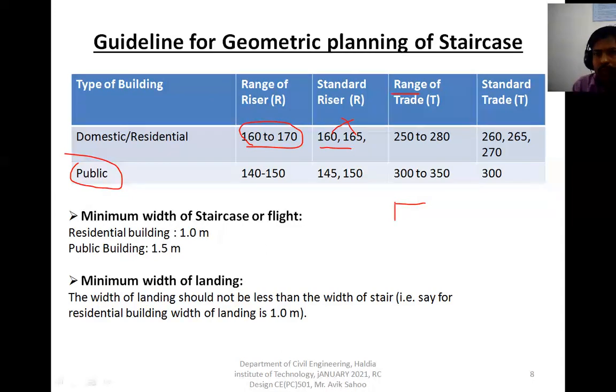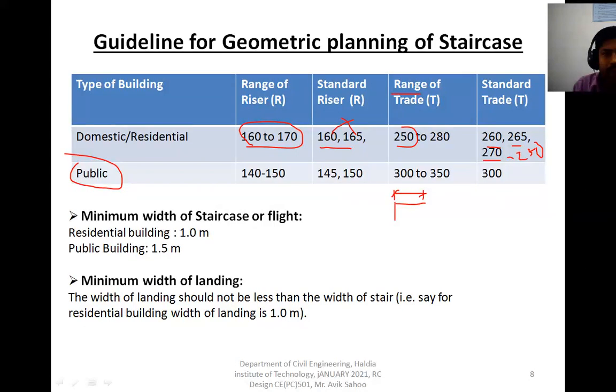And the range of tread, the tread dimension is this horizontal distance, in general building. In residential building 250 to 280 is the range, but the standard is 260, 265, 270, or you may use 250 also, because 250 is a comfortable dimension.